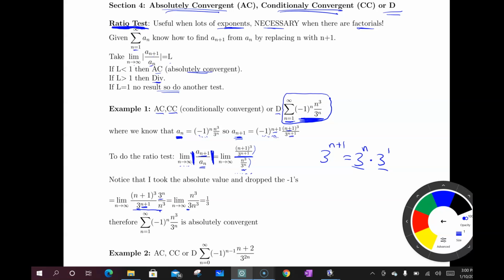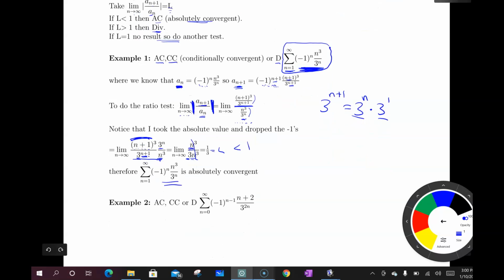Taking the highest powers, I don't want to multiply this out, but the highest power in here would be n cubed, and the highest power from here would be n cubed. Carry along this 3. Cancel, I get 1/3. This is the number L that they're talking about, the limit. Since this is less than 1, I get the conclusion that this is absolutely convergent.